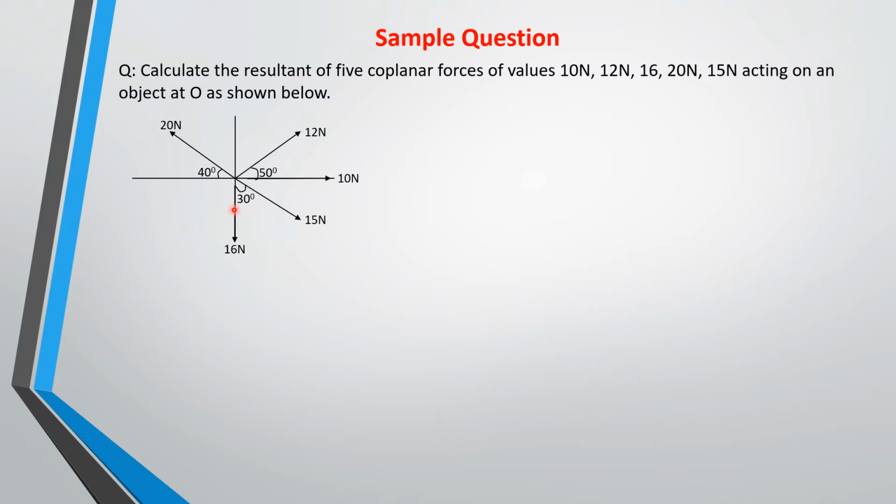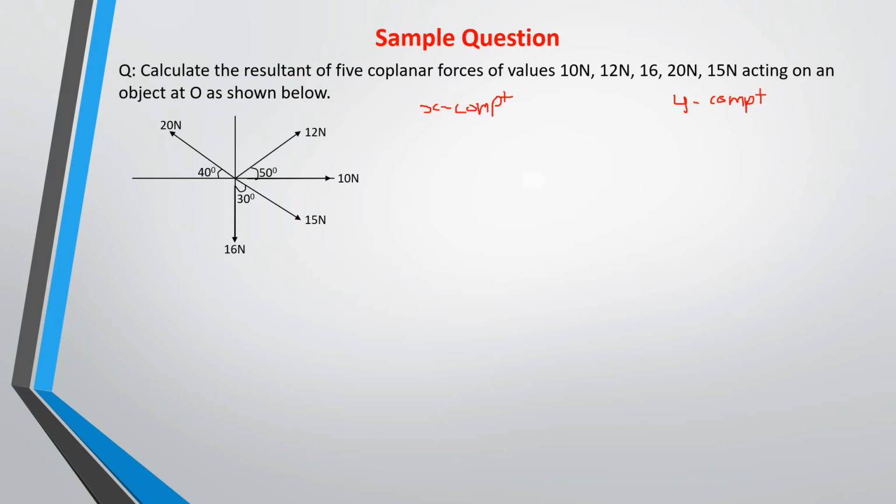Having said that, we are going to take the vertical component and the horizontal component. First, you write down the x component, which is the horizontal component, then the y component, which is the vertical component of the forces.